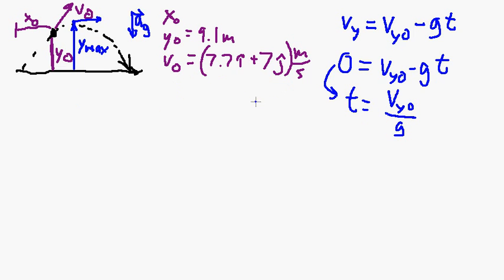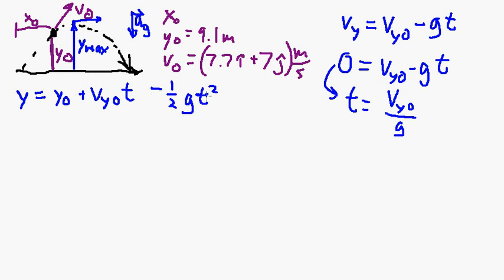So once we know that, what do we want to find? We want to find its maximum height. So we want to find the height at this time. y equals y naught plus, and this is just your standard equation for projectile motion in the y direction: initial y plus your initial velocity in y times t minus 1/2 g times t squared.